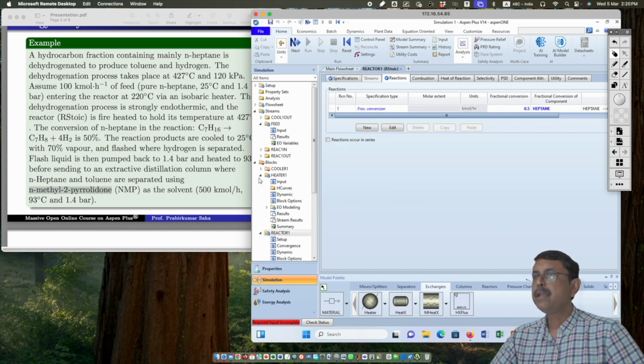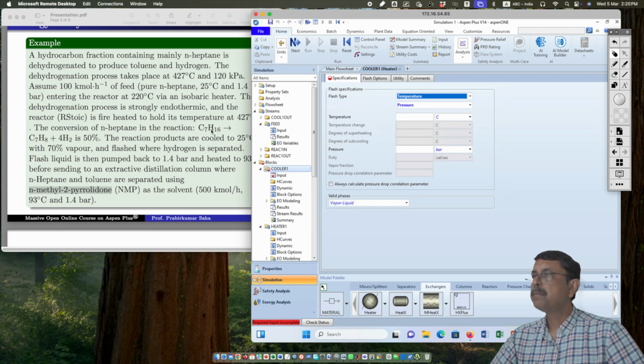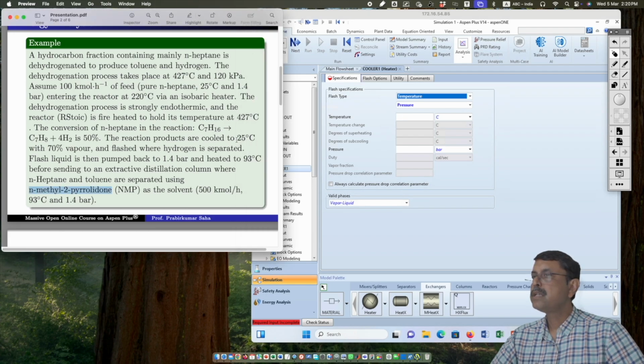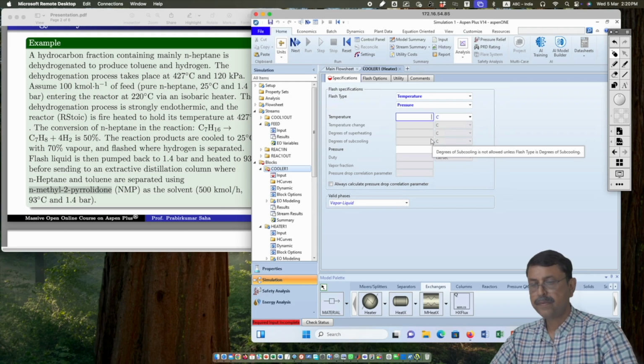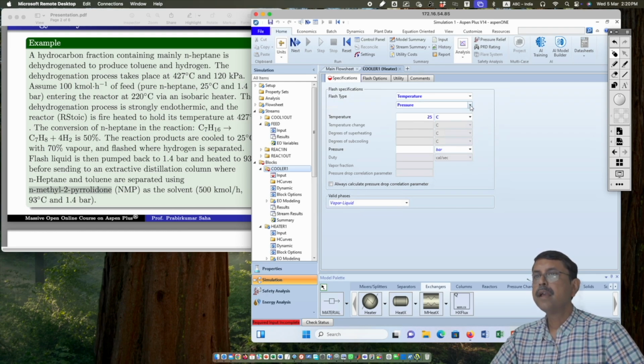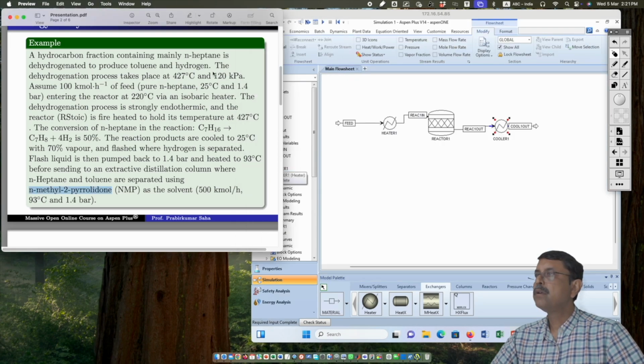So that way we set the reactor and now the cooler. So cooler temperature is 25 degrees centigrade and 70% vapor. So it is 25 degrees centigrade and vapor fraction is 0.7. Okay, so that way we have set it now.